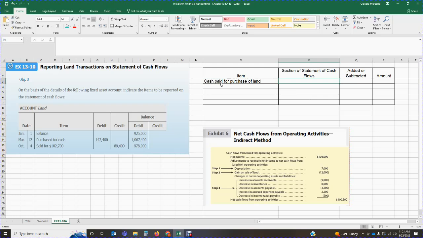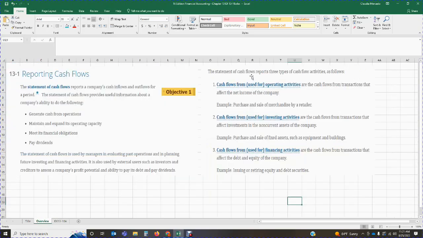Okay, now what section of the statement of cash flows is that going to go under? If we go back to our three categories, we have operating, investing, and financing activities. If we look at the investing section, it says that these are the cash flows from transactions that affect investments in the non-current assets of the company. This includes the purchase and sale of fixed assets, such as equipment and building.